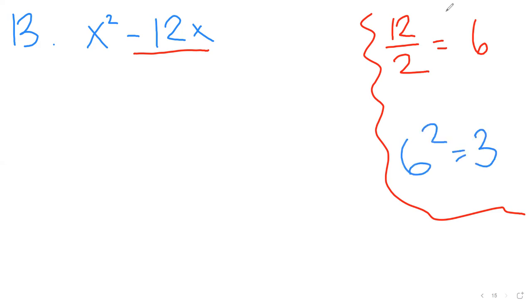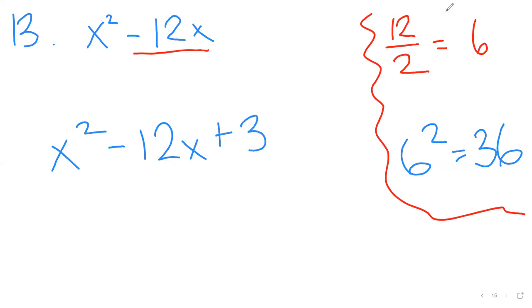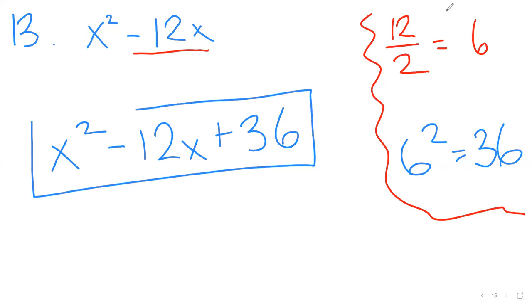That gives me 36. And then I'm going to come over here and say, okay, the perfect square trinomial is x squared minus 12x plus 36. Regardless of what sign you have here, when creating a perfect square trinomial, this sign here will always need to be positive.